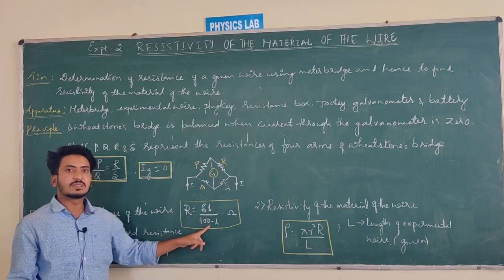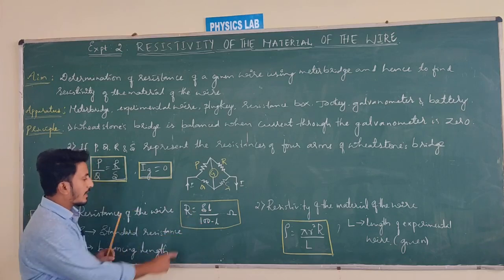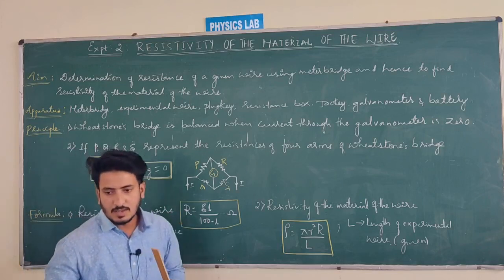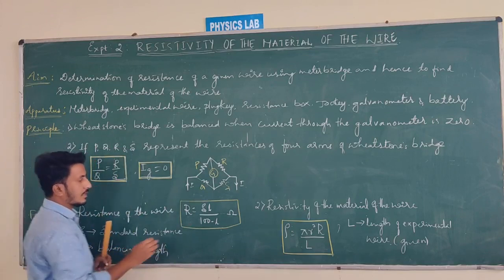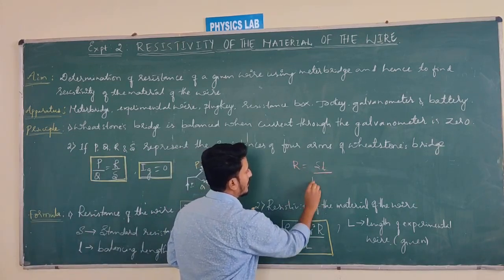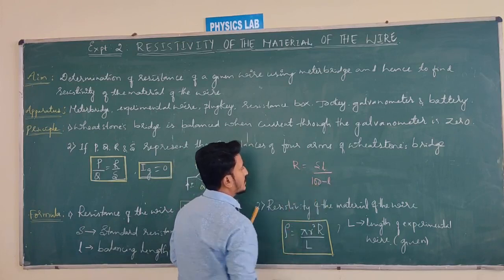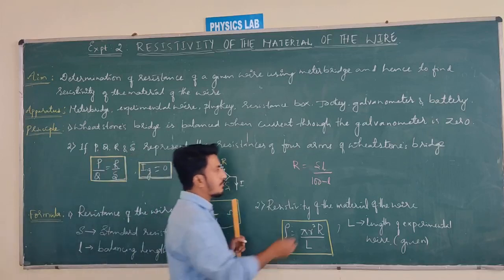We know that resistance is directly proportional to the length of the wire. So I can write this formula in terms of the bridge arms. We have R equals S l divided by 100 minus l, and P by Q equals R by S. What are the 4 arms from this formula?